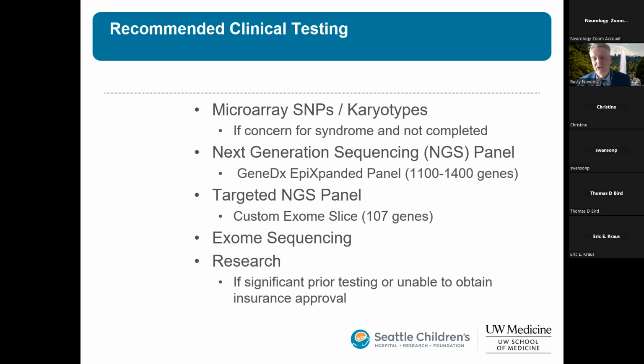And if you didn't get the diagnosis in that first look at those specific genes, you could always look at the full exome from the same testing that was done. And we enrolled a lot of these patients in research studies that we have ongoing here. Fortunate to be here at UW, Heather Mefford and Bill Dobbins and many other geneticists in this region were able to do either exome sequencing or other studies on a research basis in patients that we couldn't get testing done on a clinical basis.